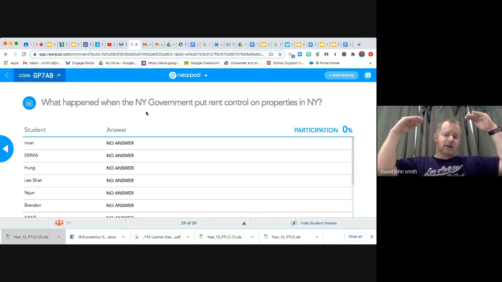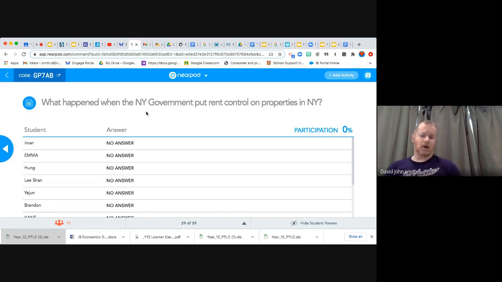Can't rent above that. Can't charge rents higher than that price. Well, what will happen then in the market for rental properties in New York if they put a maximum price on rent? 30 seconds, go.